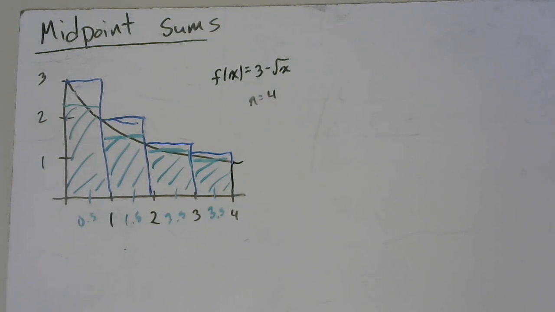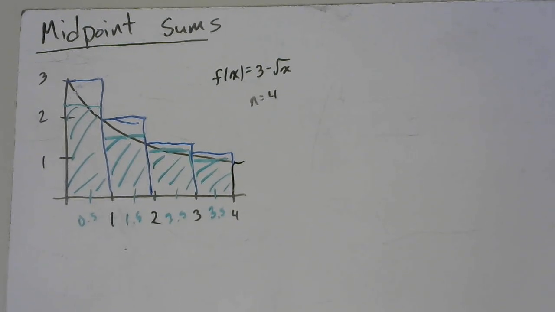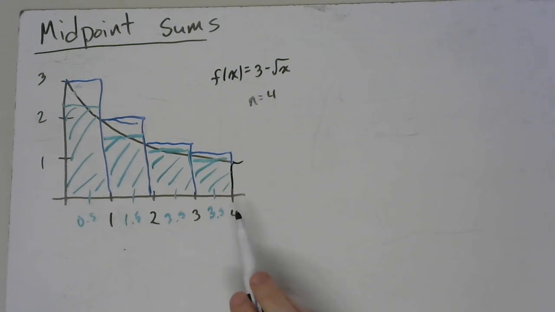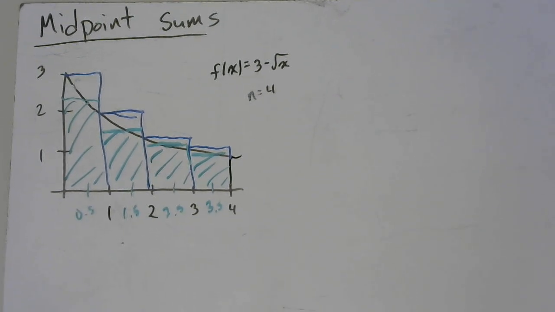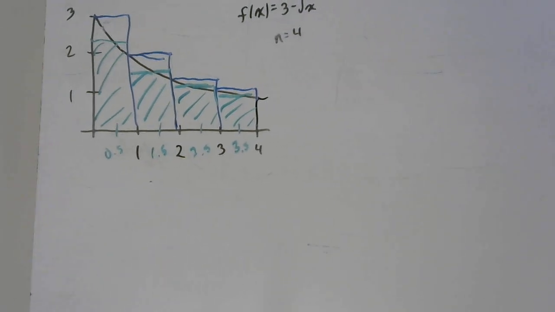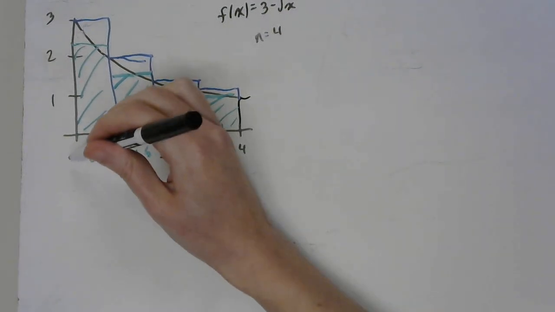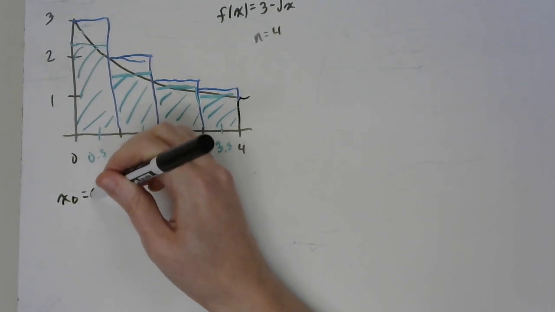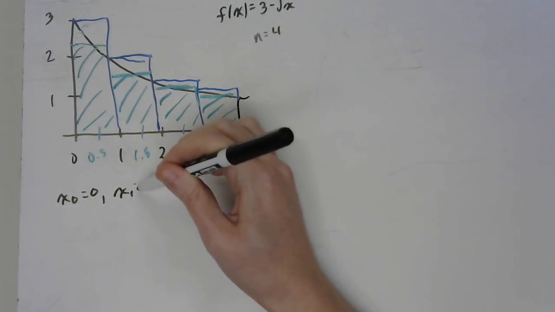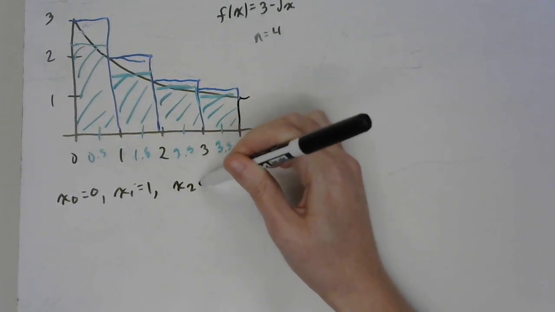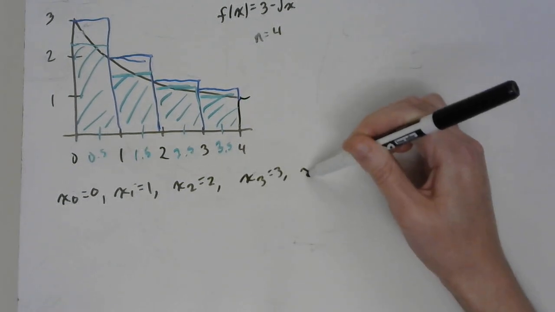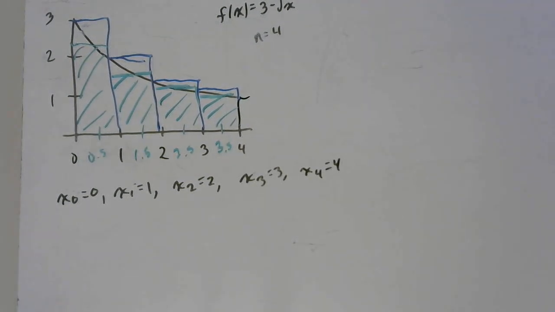So let's do that. It looks like I'm substituting in 0.5, 1.5, 2.5, 3.5. To get used to the notation a little bit, we had our interval endpoints, like over here we had x sub 0 equals 0, x sub 1 equals 1, x sub 2 equals 2, x sub 3 equals 3, x sub 4 equals 4.